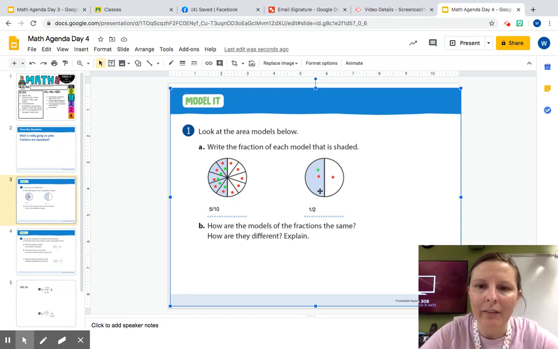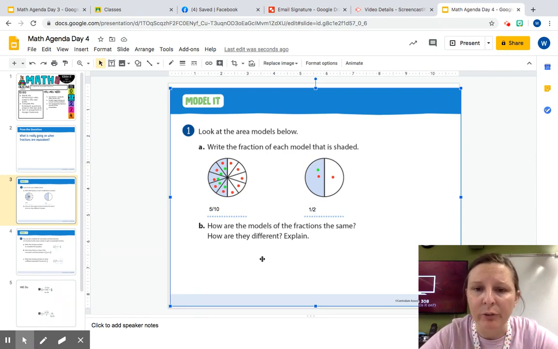It may not have the same number of pieces in the shaded area, but it has the same amount shaded. So 5/10 on this side, 1/2 on this side. That means that 5/10 is equivalent to 1/2, or 5/10 is equal to 1/2. 5/10 means the same thing as 1/2.